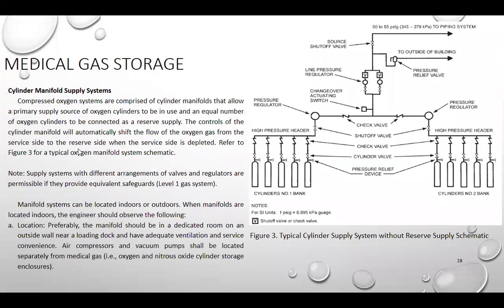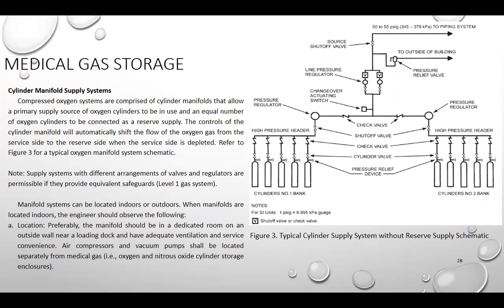Next, cylinder manifold system. Compressed oxygen systems are comprised of cylinder manifolds that allow a primary supply source of oxygen cylinders to be in use, with an equal number of oxygen cylinders connected as a reserve supply.